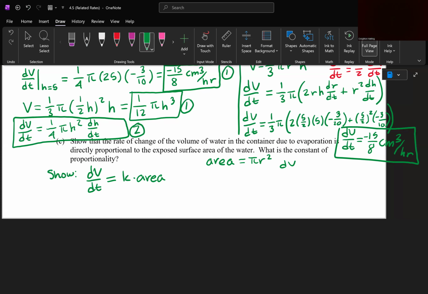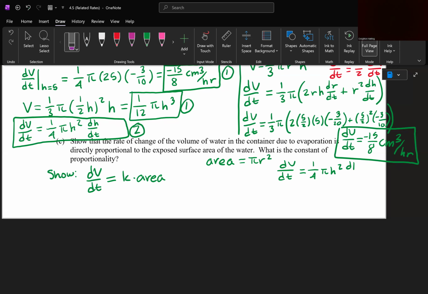I'm just rewriting our dV/dt formula, which is 1/4 pi h squared dh/dt. We know dh/dt, so I'm going to go ahead and substitute that in right away.